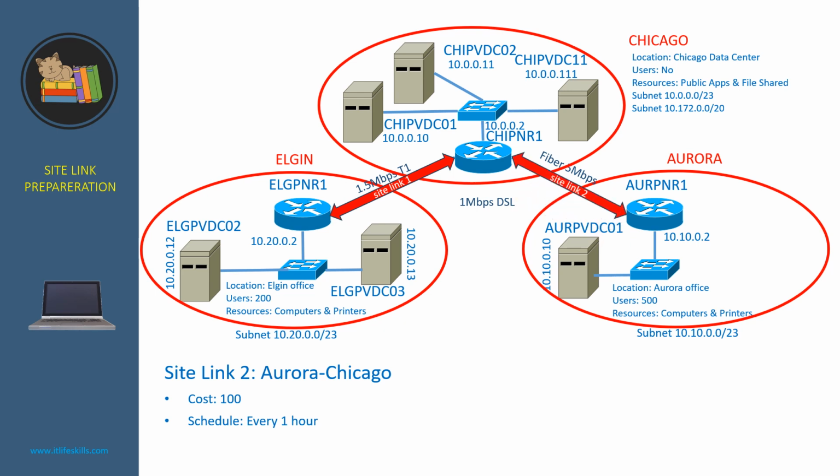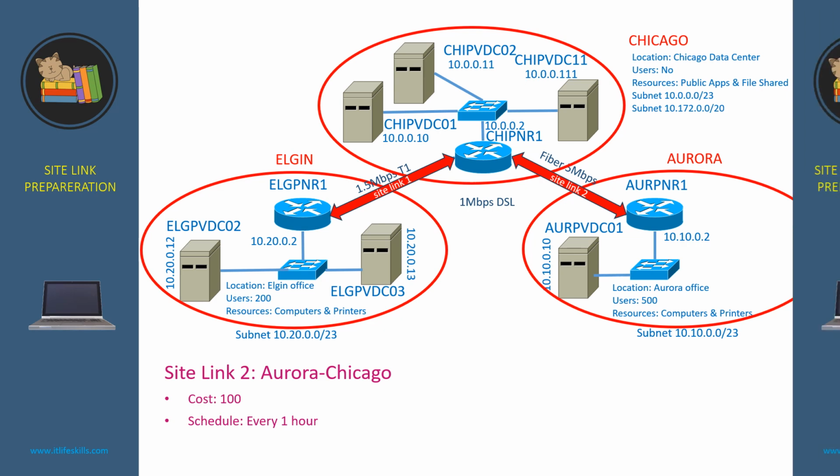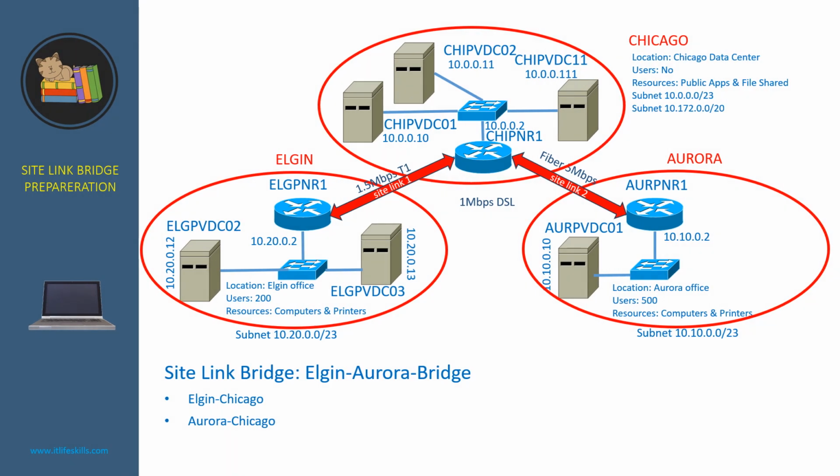For site link 2, we can name it Aurora-Chicago because it connects Aurora and Chicago sites, and we can keep the default cost of 100 and replication schedule is every 1 hour. To control the replication path, we will disable bridge all site links.